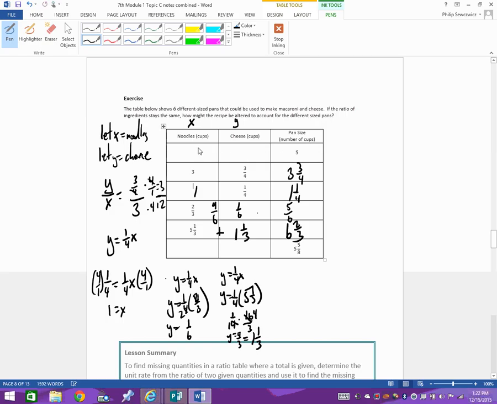Now the only thing I wasn't able to solve was for these two particular guys, and this is where I can tell you to use your imagination a little bit. What we always need are two columns, but now I'm going to change my let statement. I'm no longer going to use this as x and y. I'm now going to call the cheese x and the pan size y. Now this is legal here.